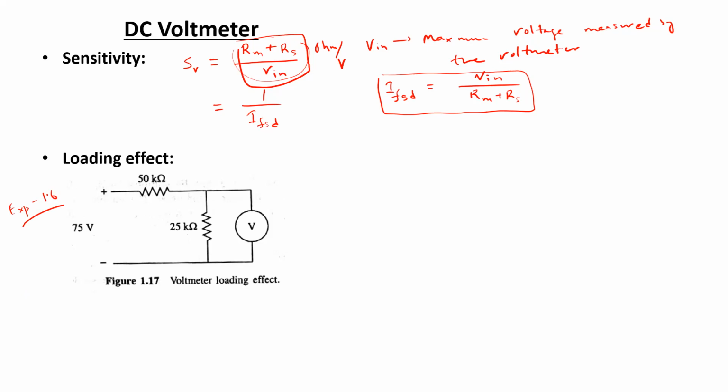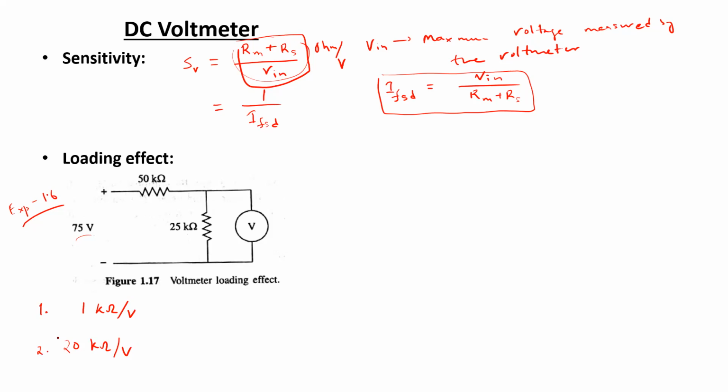In this example, it is said that with a supply voltage of 75 volts, the voltage drop across the 25 kilo ohm resistance has to be measured. Now, two voltmeters are available. One is having 1 kilo ohm per volt sensitivity, and there is another voltmeter that is having a 20 kilo ohm per volt sensitivity.